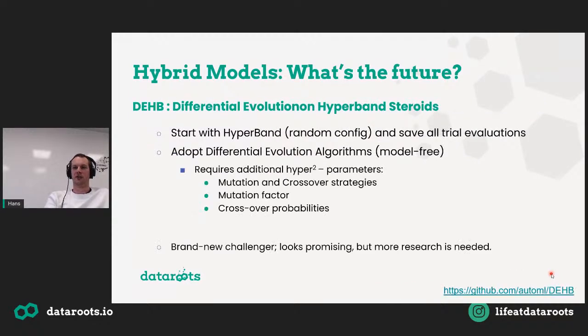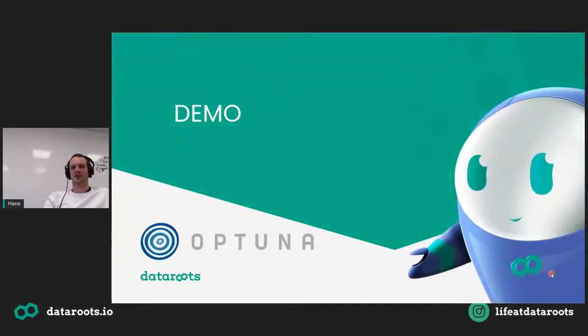So I'll just skip over this for time's sake, and I will go to the demo, which is basically I looked for you into Optuna, which is a hyperparameter tuning framework. I will pop this up.